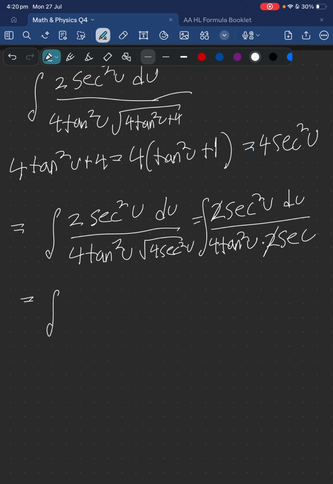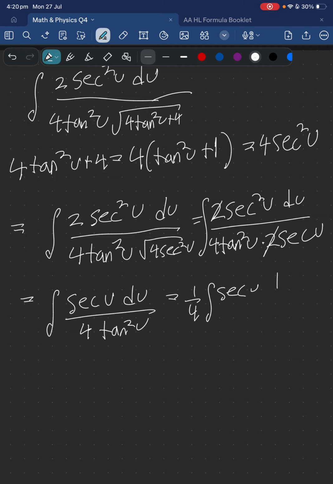Secant u will cancel out as well. So you're left with secant u du over 4 tan squared u, and we can move the 1 over 4 outside the integral. Secant u du over tan squared u.